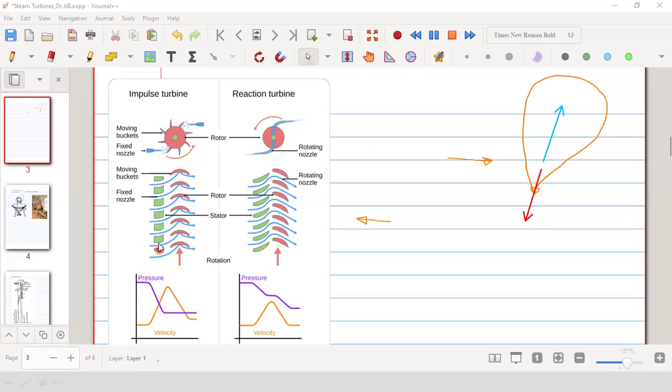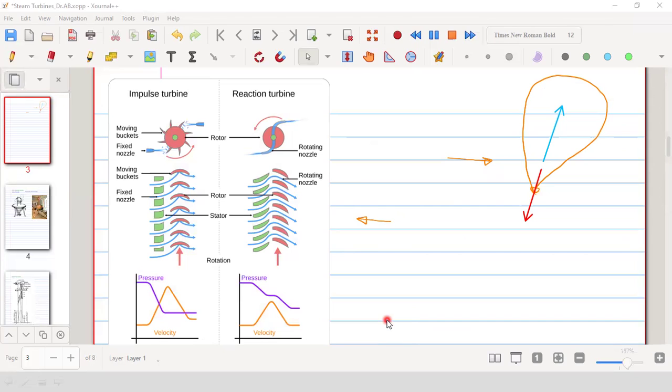This green part is the nozzle part, and this is the blade part, the moving part. This is called the stator, and this is called the rotor. They are basically placed like two discs on the same shaft. It is not in the same plane. They are at different planes.